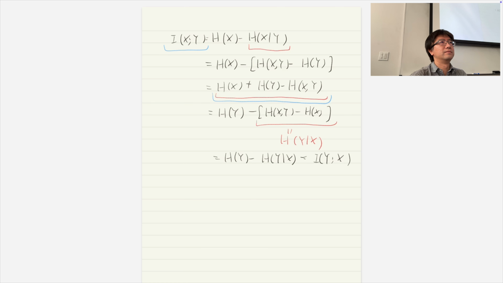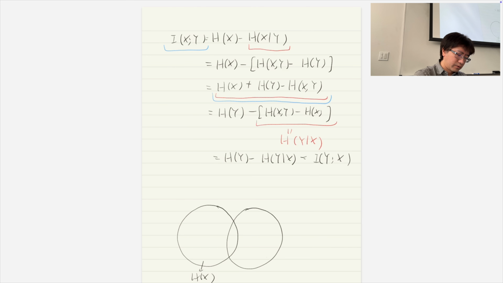Exactly, a Venn diagram. Let's say this circle represents H(X), and we have another circle representing H(Y), and the joint of these two circles represents H(X,Y). Let's pick another color, blue.